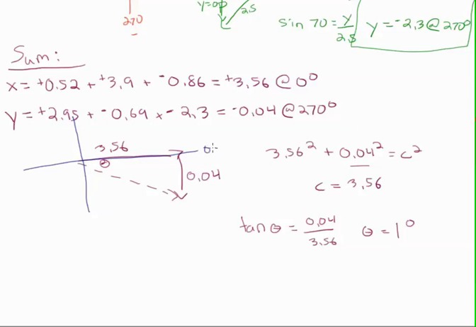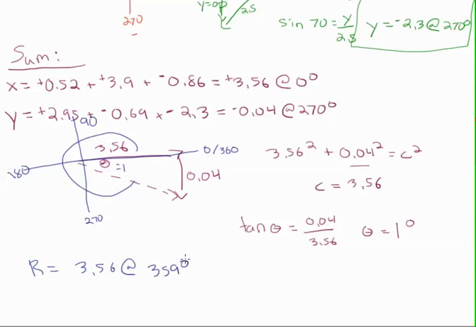So our resultant is 3.56 at 359 degrees. And our equilibrant would be exactly opposite, so minus 180 degrees. We'd have 3.56 at 179 degrees.